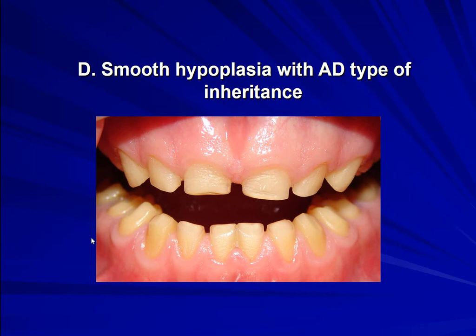This slide demonstrates smooth hypoplasia with autosomal dominant type of inheritance.